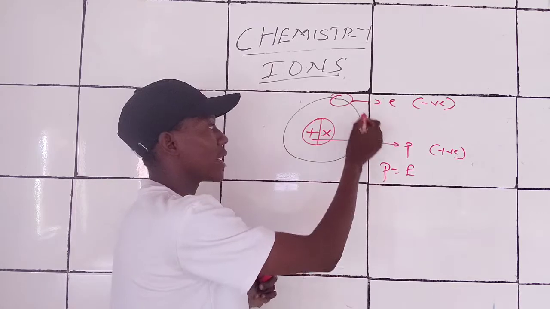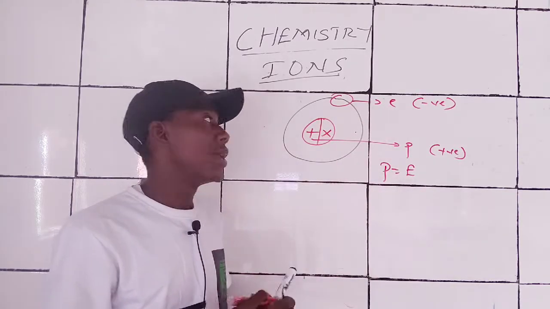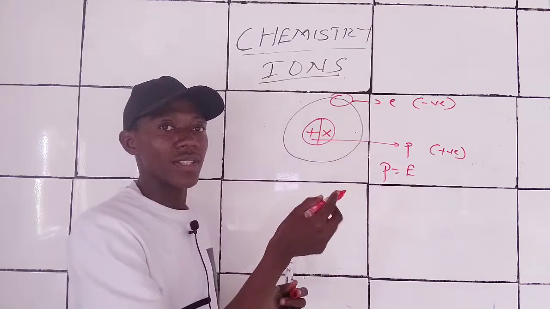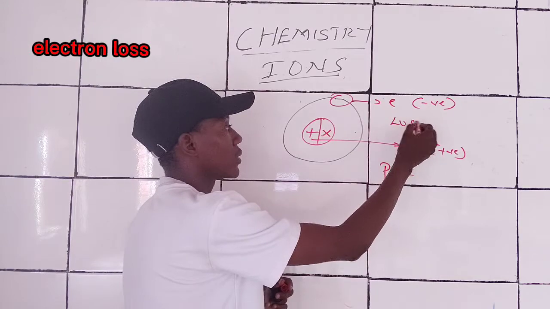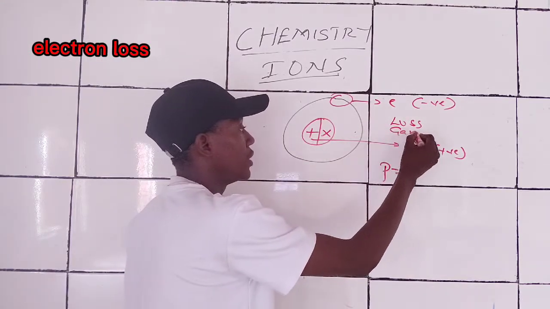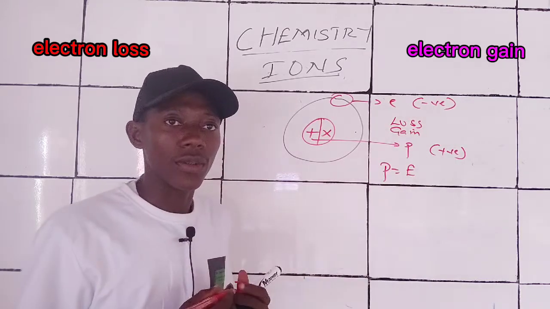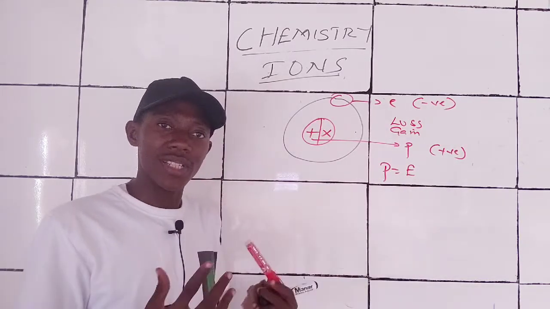These electrons sometimes can be lost, and sometimes can be gained by the atom. So the atom can lose electrons, and it can gain electrons.